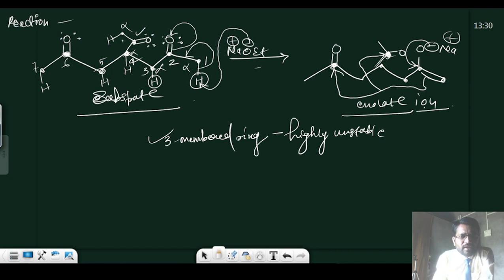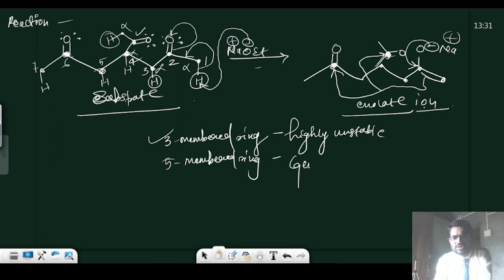And if it takes the proton from this side, counting first, second, third, fourth, fifth carbon, again there is a possibility of a 5-membered ring. 5-membered rings are generally stable.